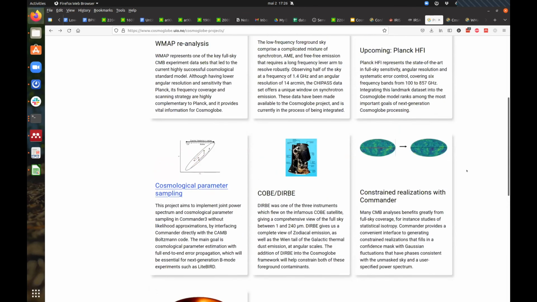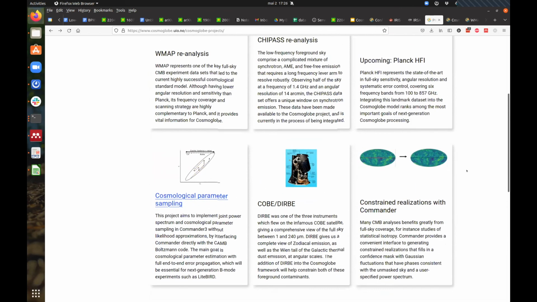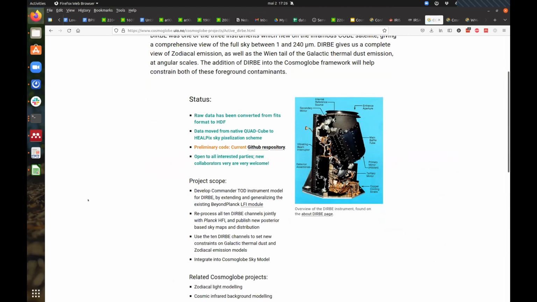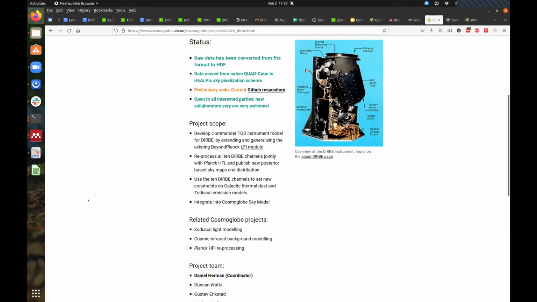Great. And then Daniel already mentioned Derby. Do you want to say quickly something? Yeah, sure. Like I said, it's very early stage, so we're very open for people who want to get involved. Because Derby's so lightweight, it's a fantastic way to get involved with Commander for the first time as a side project.